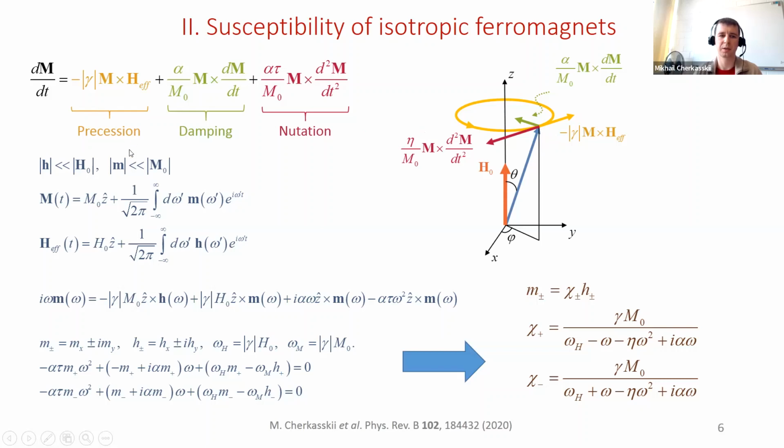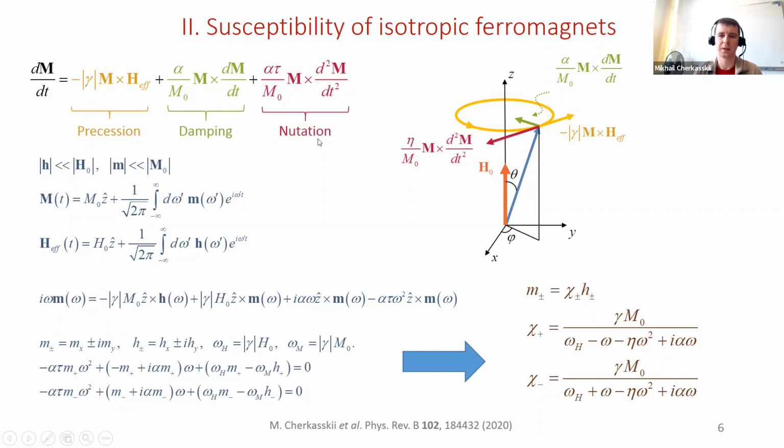So the precession torque pushes magnetization as usual, and it induces precession of magnetization. Then we have this green term, which is damping, Gilbert damping, which tries to make the magnetization vector align along the direction of the magnetic field.